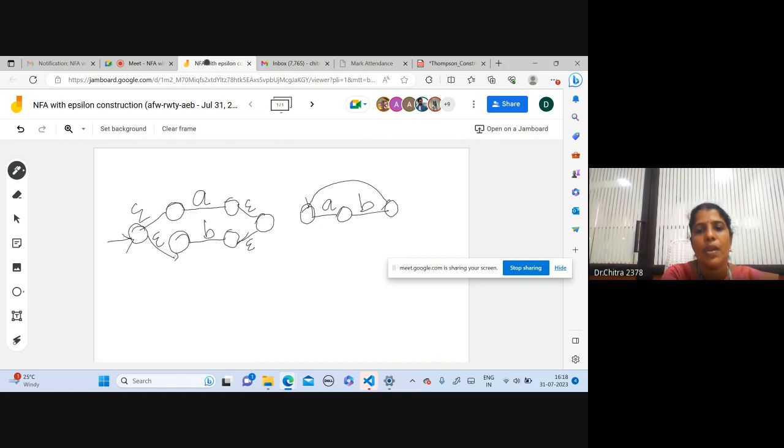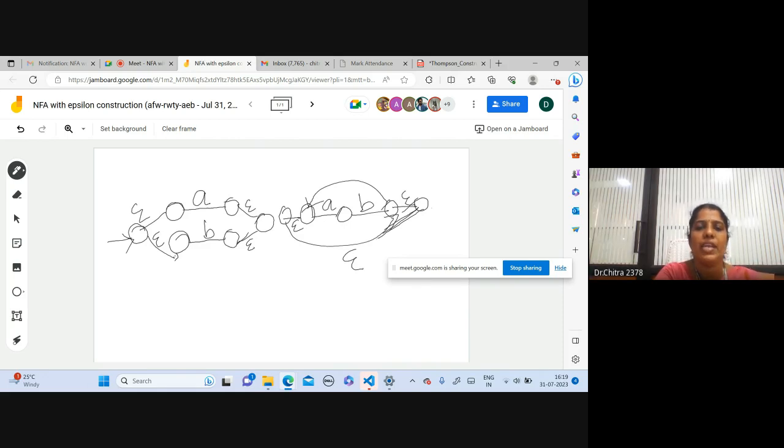And star will accept the empty string also, that is, without this expression also. Hence we'll draw epsilon here. This is epsilon, and this one is also epsilon. This is also epsilon, and this is epsilon. So this is AB the whole star.